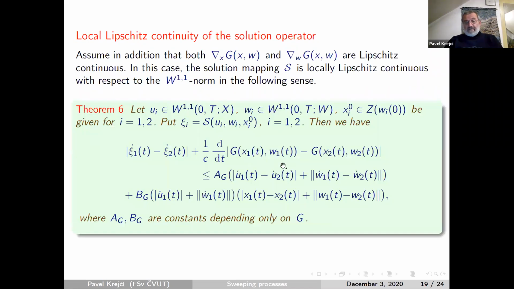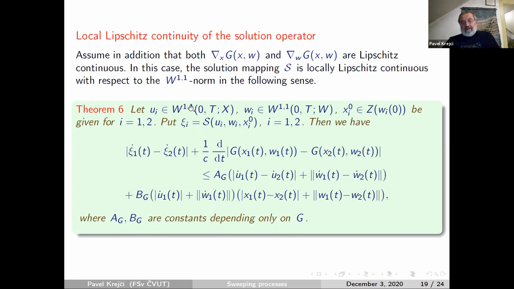And we have even an almost explicit formula with some constant, which depends only on the properties of the function G, the gradients, and the Lipschitz constants of the partial gradients. So we have a Lipschitz continuous dependence on smooth sets with respect to the W^{1,1} norm if the set is smooth.